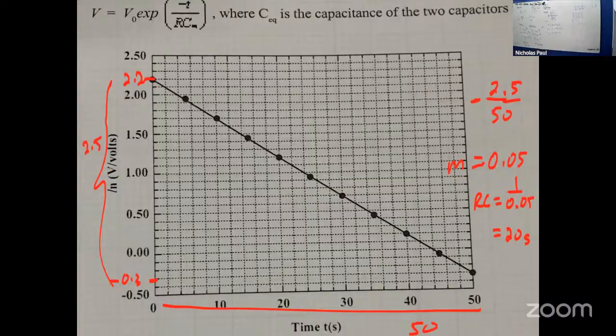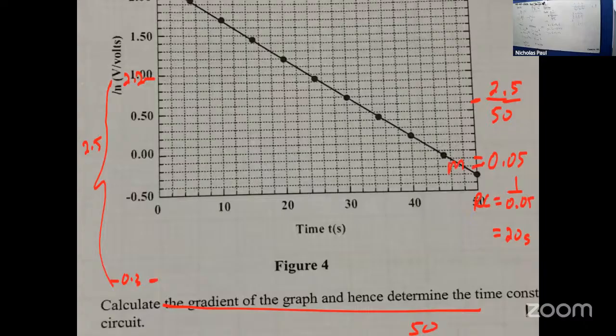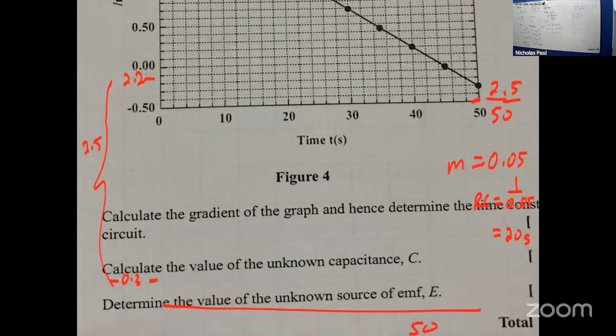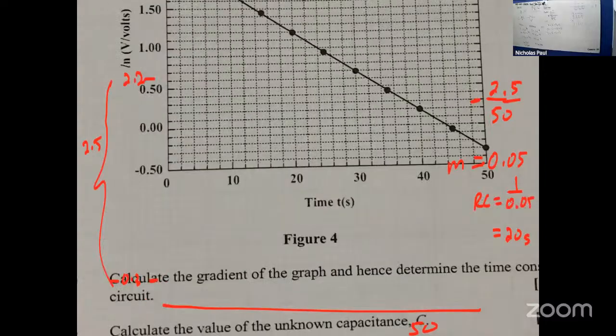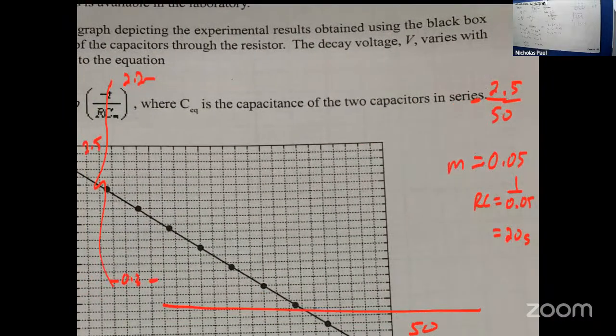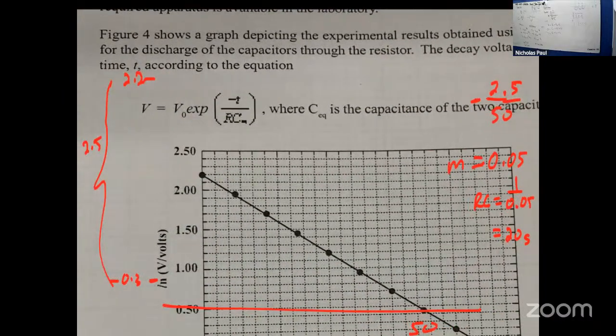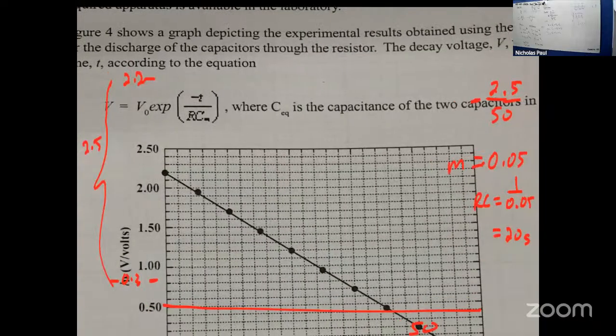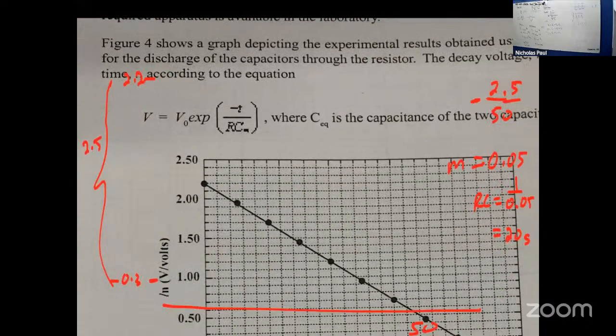So that is that. How are you finding C, the unknown capacitance? I think they give you R somewhere.